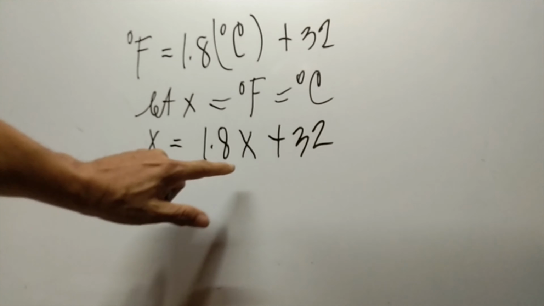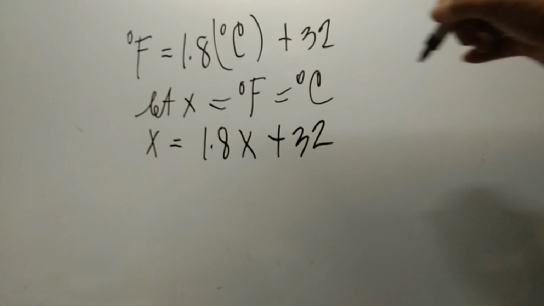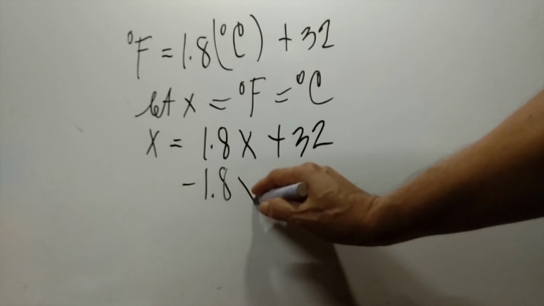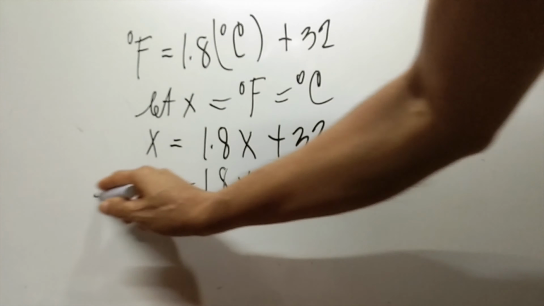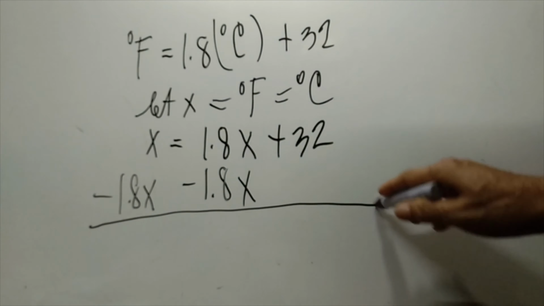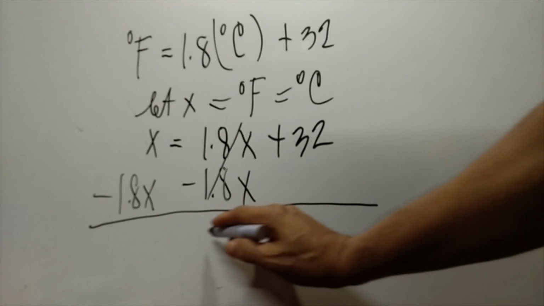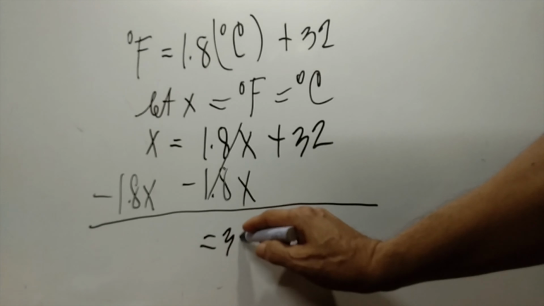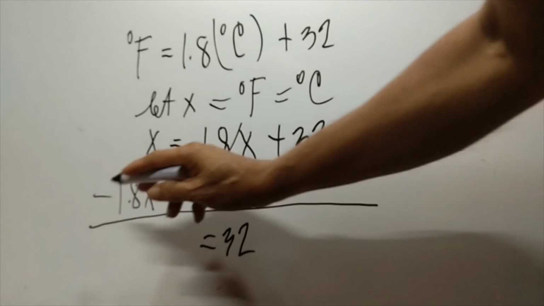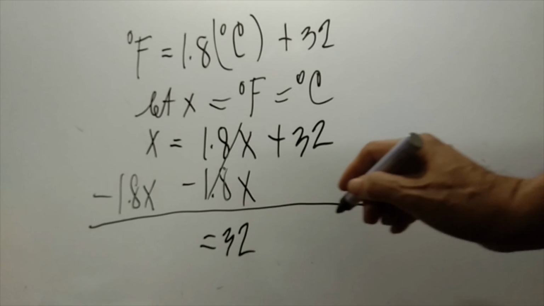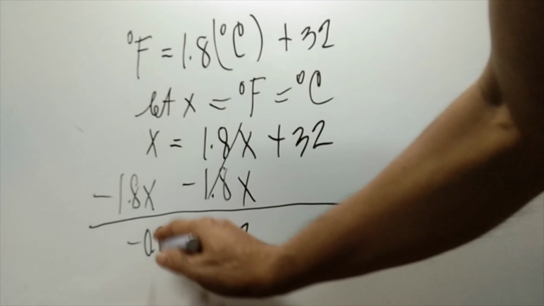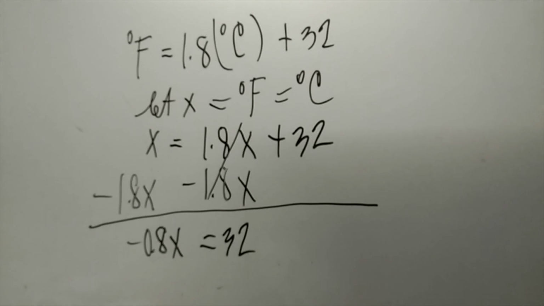Combining 1.8x to x, so this will be minus 1.8x and then minus 1.8x. This becomes 0. 32 will remain here. And x minus 1.8x becomes negative 0.8x.